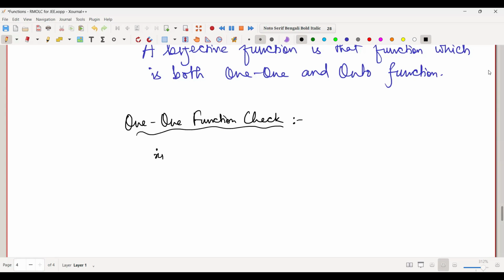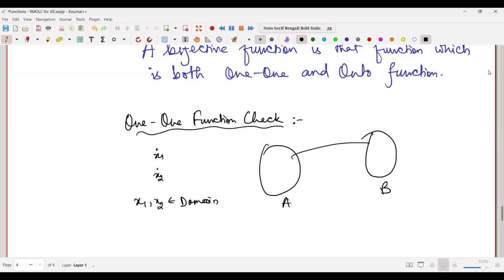suppose this is x1 and this is x2, and x1, x2 belong to the domain. For simplicity we are taking this set as the domain, and this set is the codomain. This is function f.